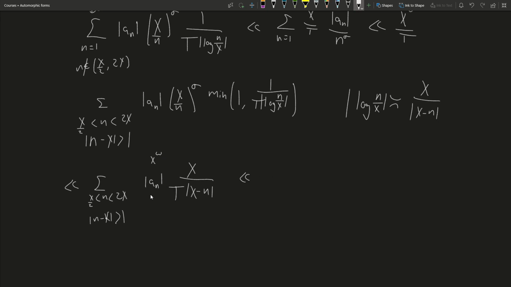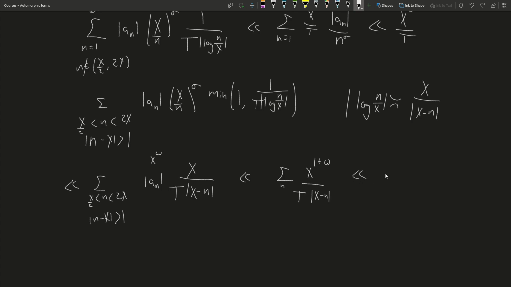So when we substitute that, we get the sum over the same range of x to the 1 plus omega over t times x minus n. And here, when we're summing over n, and this quantity is at least 1, we can essentially approximate it by an integral, and we're going to get some log.